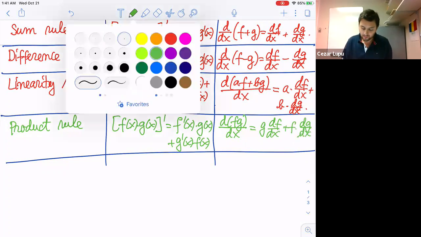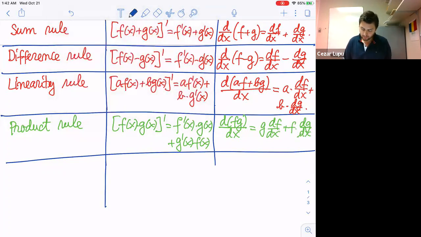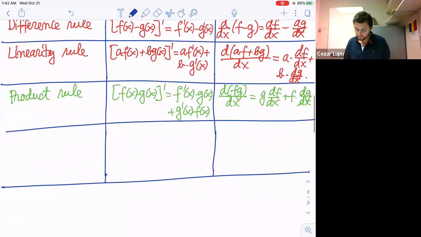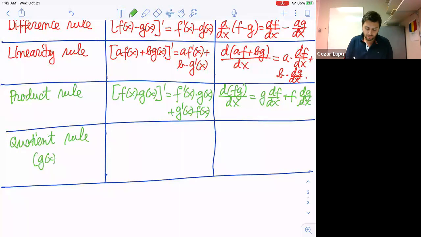And now finally, another special rule that I would like to mention is the quotient rule. And pay attention here, this holds provided that the function on the bottom, the denominator, is non-zero. In other words, this will involve the derivative of the quotient of two functions. So it's f over g, everything prime.